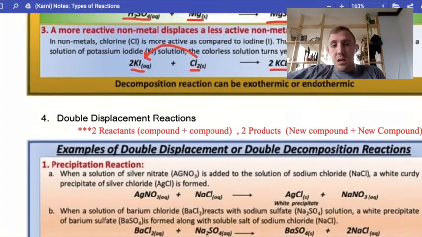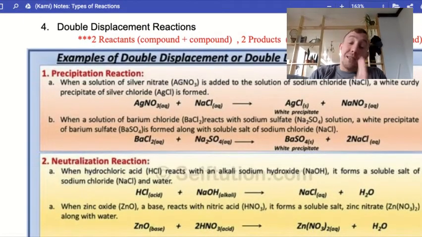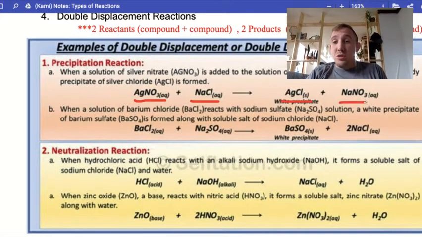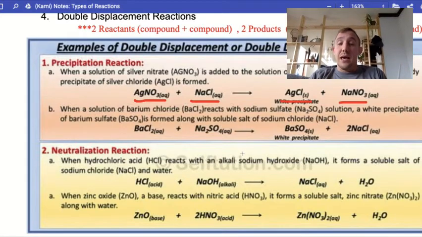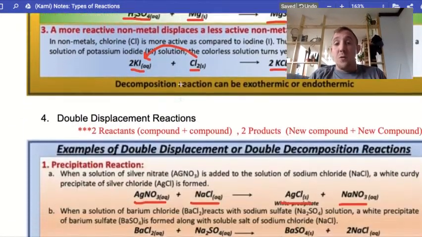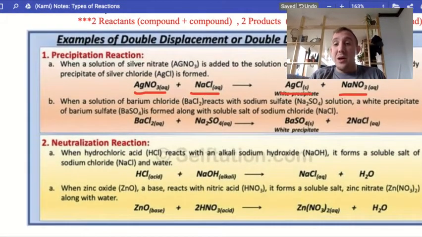Okay? Double displacement is almost similar to single displacement, but now you're going to have two compounds, and it's going to be two compounds in the product. Okay, so before, for single, it was a compound and an element. For a double displacement, it's going to be a compound and a compound, and it's going to be a new compound and a new compound.